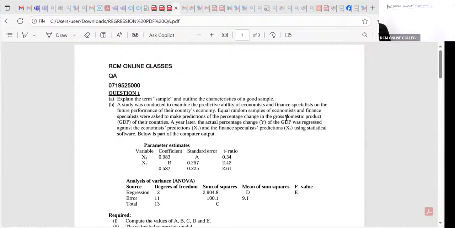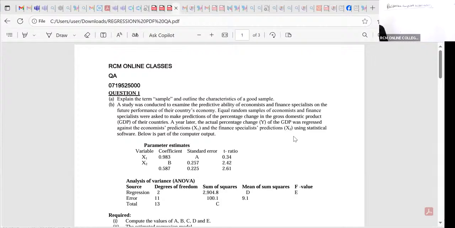Equal random samples of economists and finance specialists were asked to make predictions of the percentage change in the gross domestic product of their countries. A year later, the actual percentage change of the GDP was regressed against the economists' predictions X1 and the finance specialists' predictions X2.